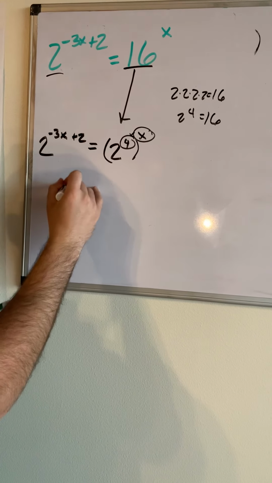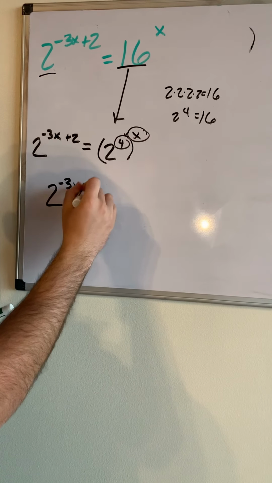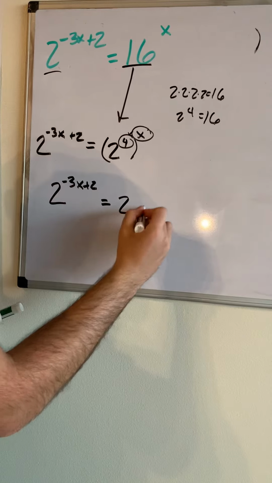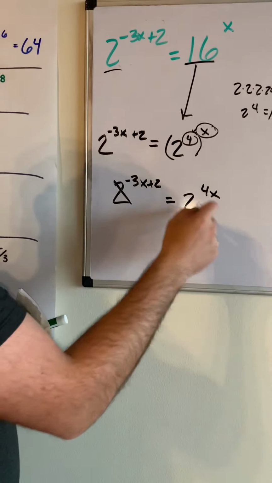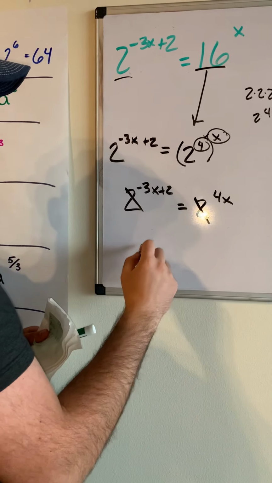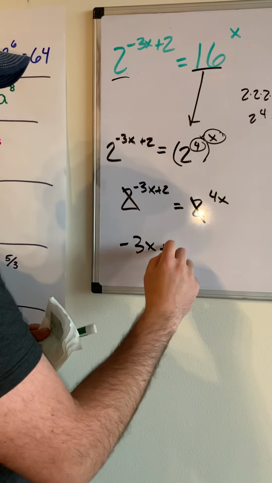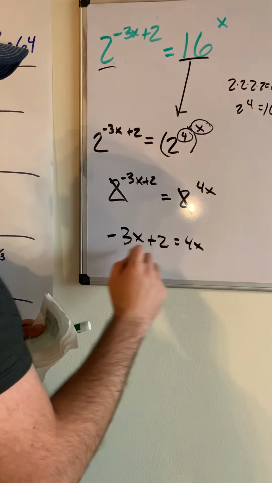So I have 2 to the negative 3x plus 2 equals 2 to the 4x. And then those are the same. I cancel those. Negative 3x plus 2 equals 4x.